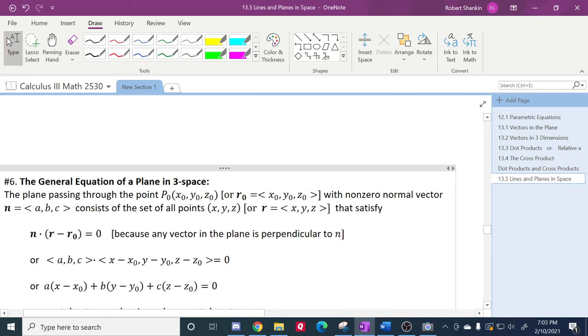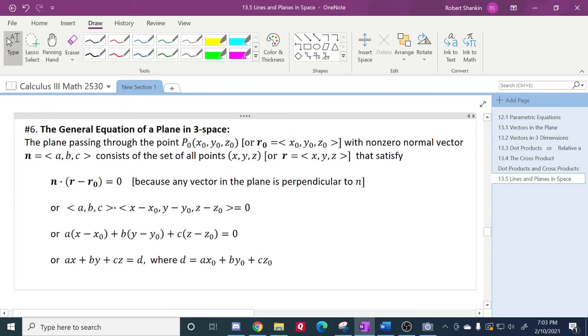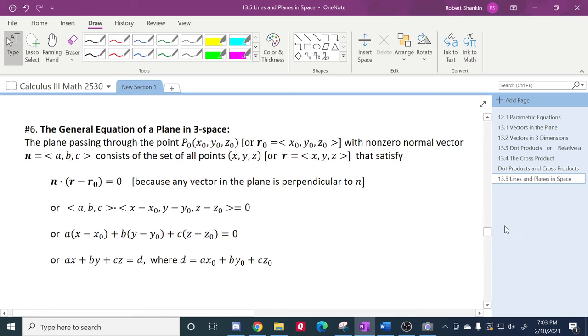All right. The general equation of a plane in 3 space. A plane passing through the point P sub 0, and just like we did before with a line, the point can also be thought of as a vector, with non-zero normal vector n.